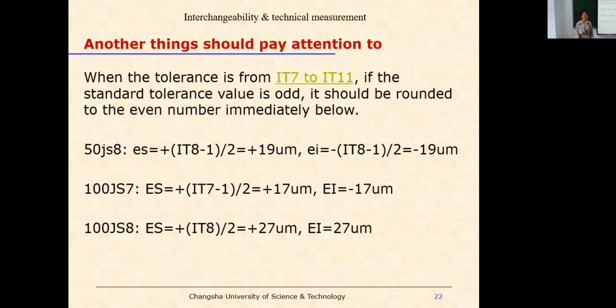19.5, round to 19. Yes, already check the number 39. IT8 is 39 divided by 2, which is 19.5.